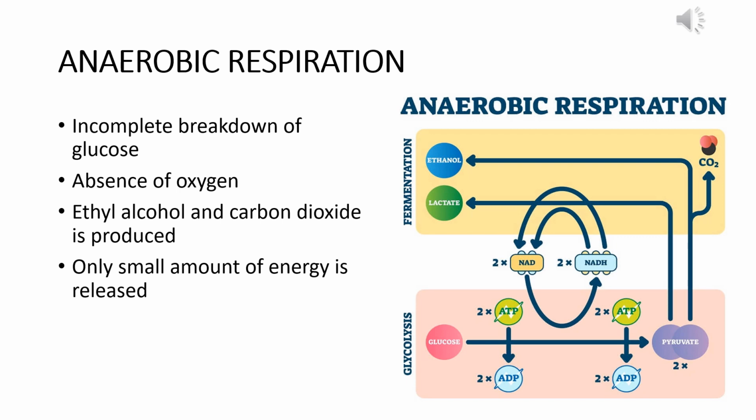In glycolysis, only 2 molecules of ATP will be produced. So in anaerobic respiration, since only glycolysis is happening, very little energy is released, just 2 molecules of ATP, in contrast with 38 molecules of ATP in aerobic respiration. And the end products are also different, because here either ethyl alcohol and carbon dioxide are produced or lactate is produced. So that is anaerobic respiration.